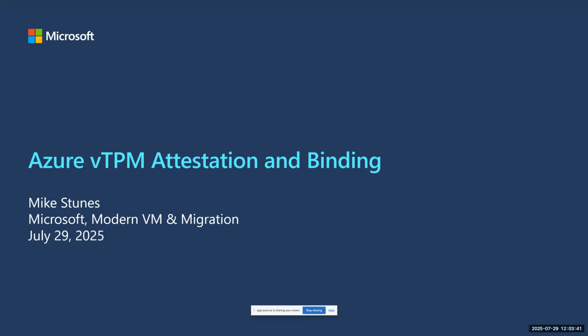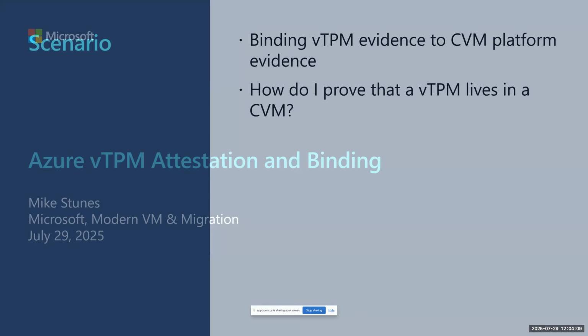One of those important functions is the Azure VM specific bits of the virtual TPM implementation. Greg asked me here to talk about composite attestation: how we do attestation for virtual TPM and bind virtual TPM evidence to confidential VM platform evidence.